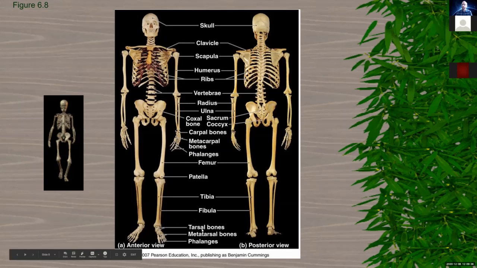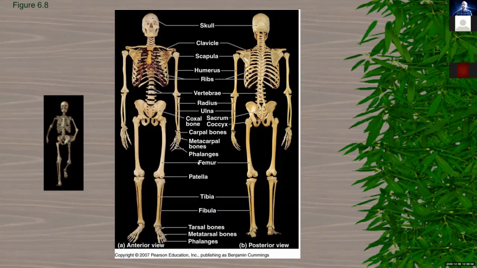These are called the tarsal bones. So carpal bones are the small bones of the hand, usually found right here. The tarsal bones are the bones of our feet, which are found right here. Then the metatarsal bones extend down to our toes. And then the bones of the toes are called phalanges, just like the bones of the fingers are called phalanges.